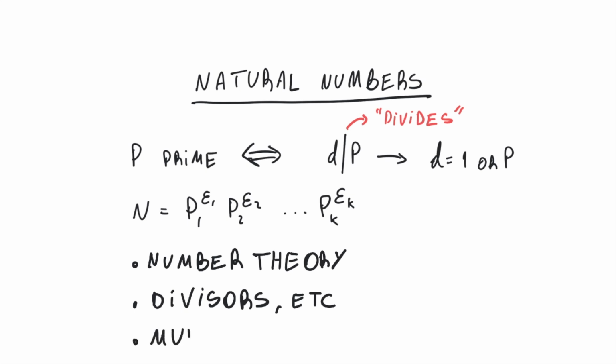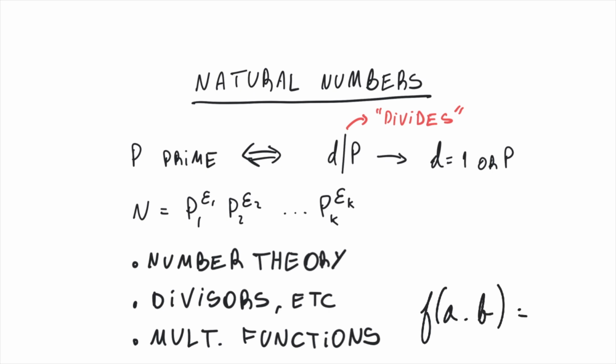Finally, factorizing a natural number is important when you're dealing with multiplicative functions. Multiplicative functions are those functions that, when you compute them on the product of two numbers that are coprime, you can compute them on each of these two numbers and multiply the result.